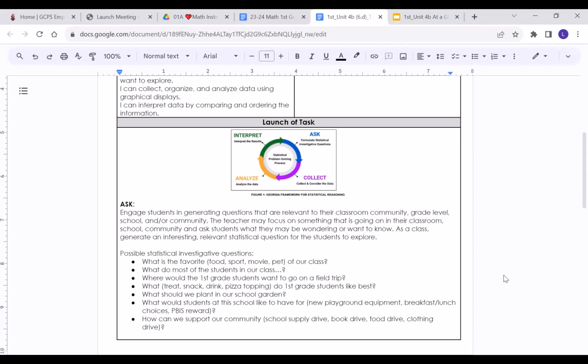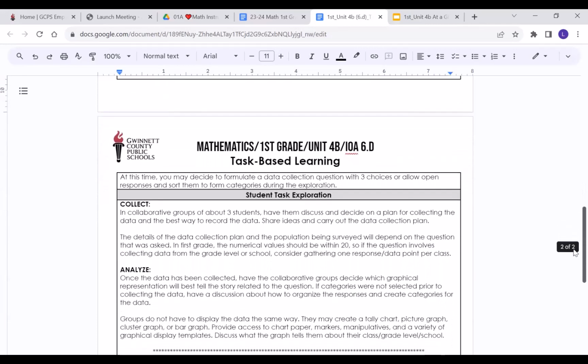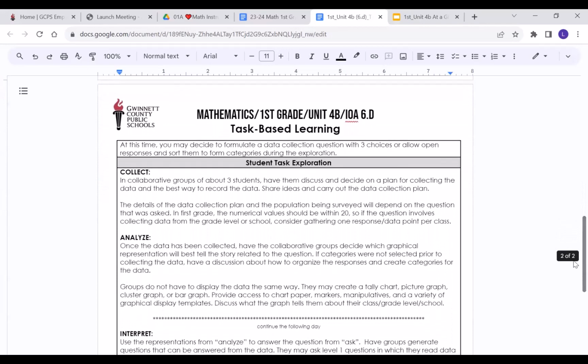The goal is for students to take the lead in making decisions throughout the process: how they will collect the data, how they will organize the responses, selecting the type of graph to display their data, and generating questions that can be answered from the graph.